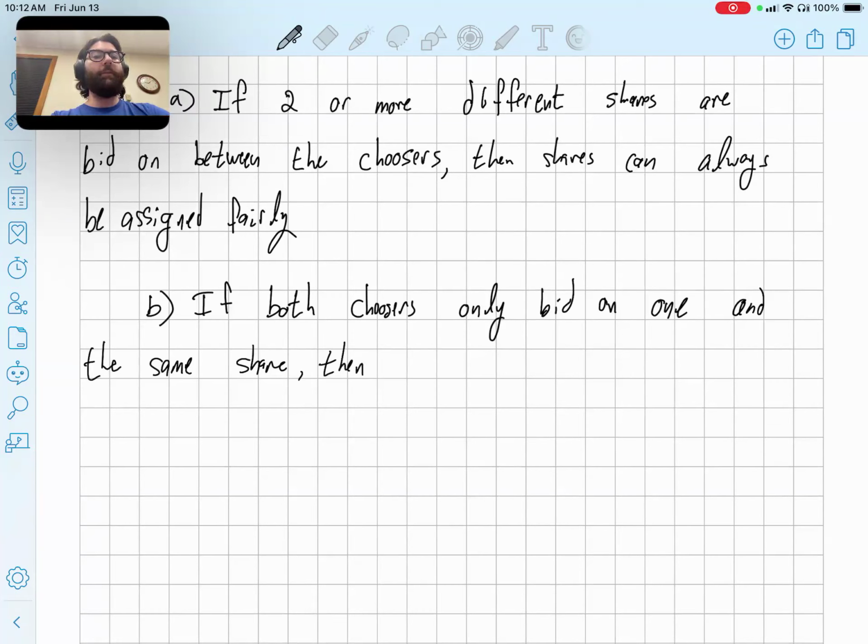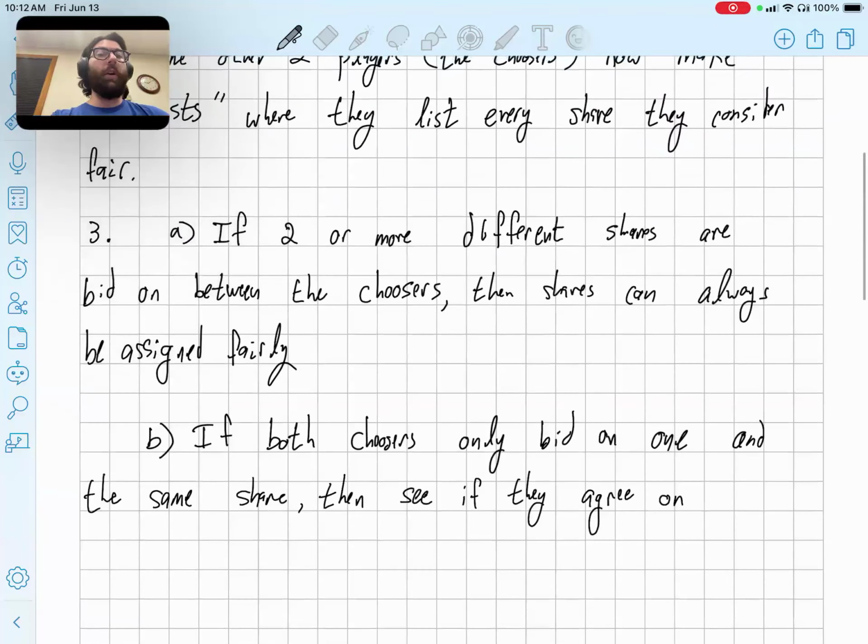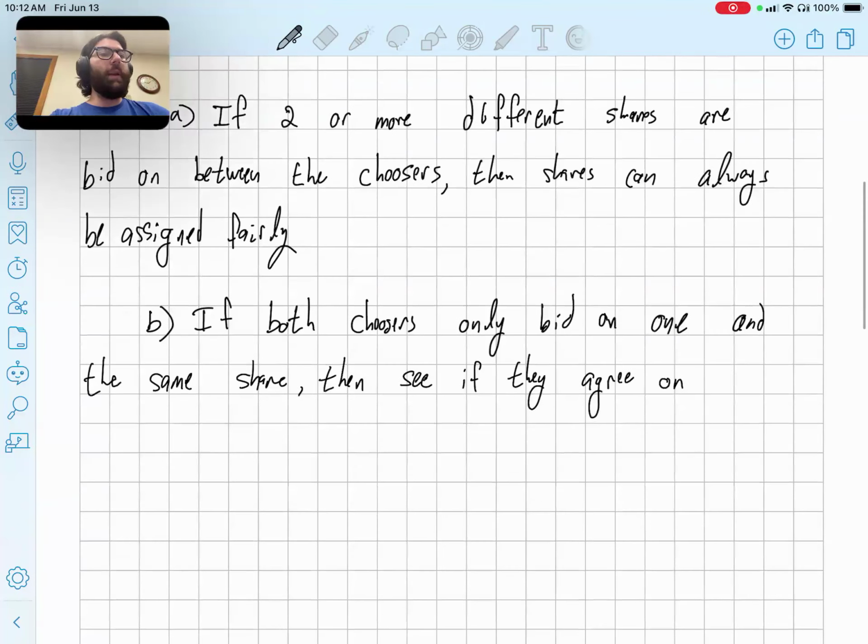So if they only bid on one and the same share, then see if they agree on which share is the least desirable.